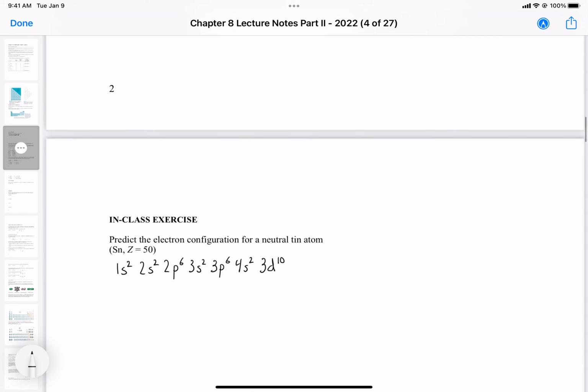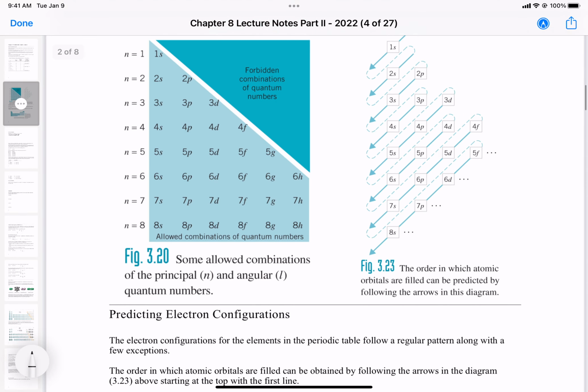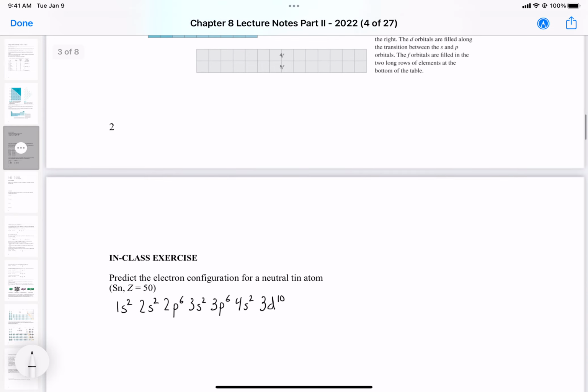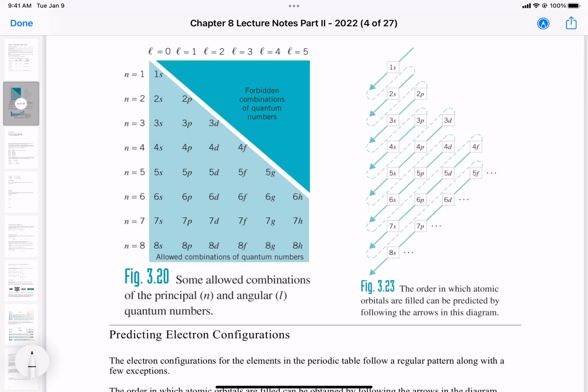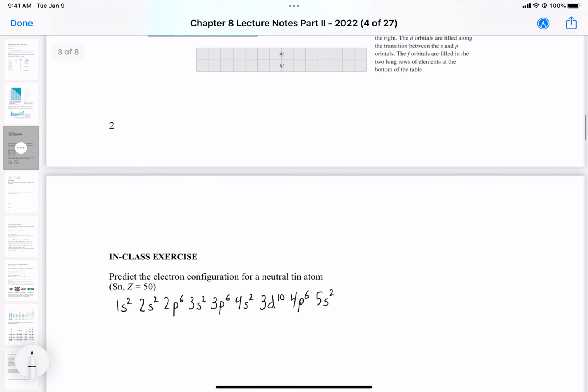So we're just going in the order that we saw up here. 3d10, now 4p6, then 5s2, then 4d10. So it could be very long in certain cases. All right, and then 5p2.